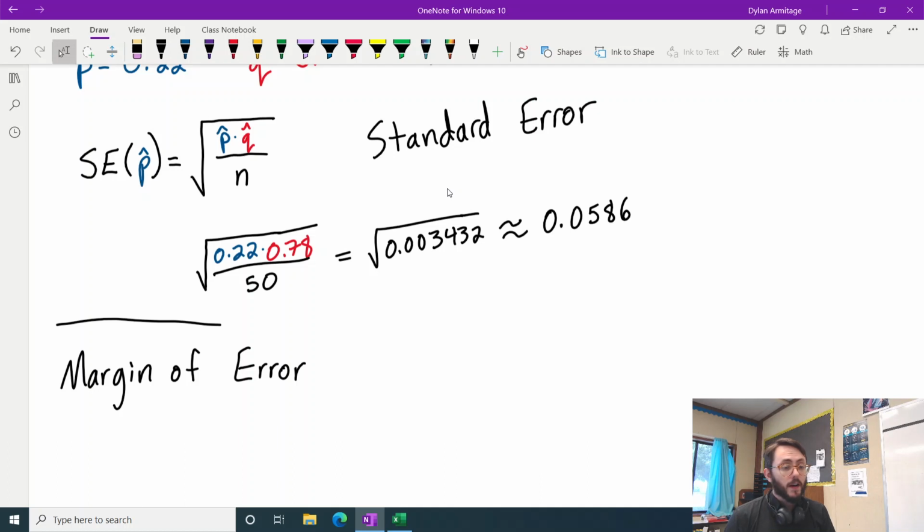And our margin of error is essentially, how sure do we want to be about our estimate of where the true population proportion is. Sorry, not mean, proportion.